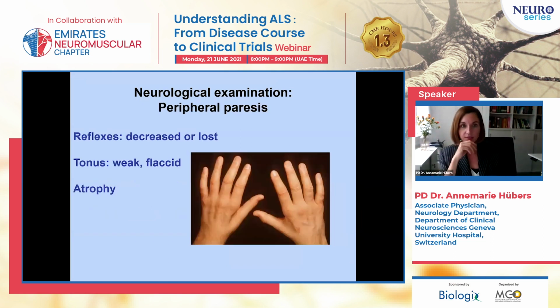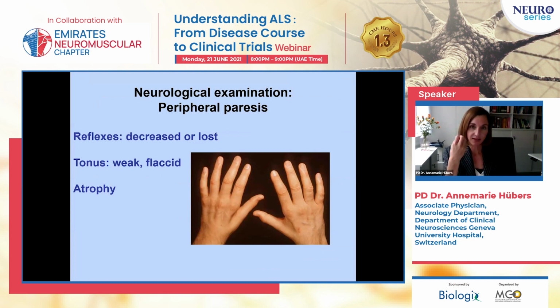On the other hand, peripheral paresis, which is paresis related to the second motor neuron, may present with decreased or even lost reflexes, a flaccid, weak tonus, and muscular atrophy, like you can see here. This is a very good example of what we call split hand syndrome.